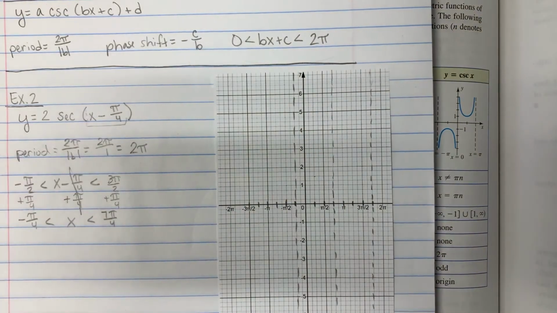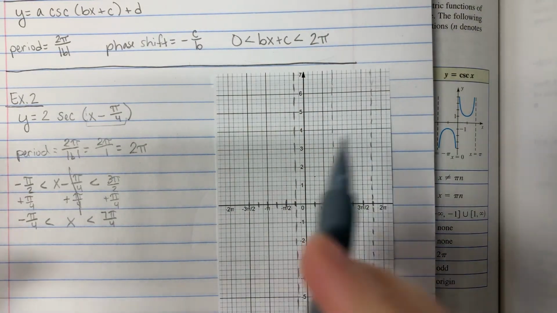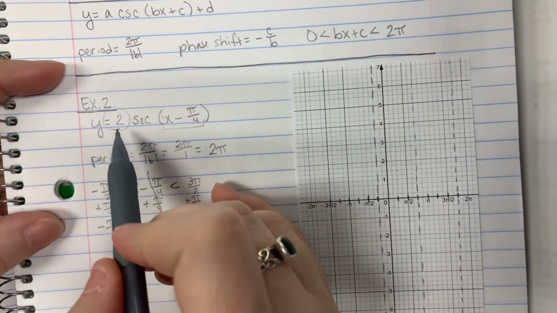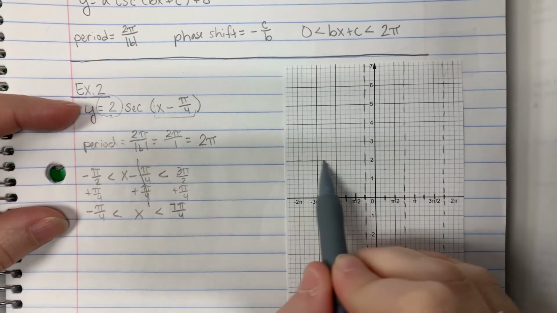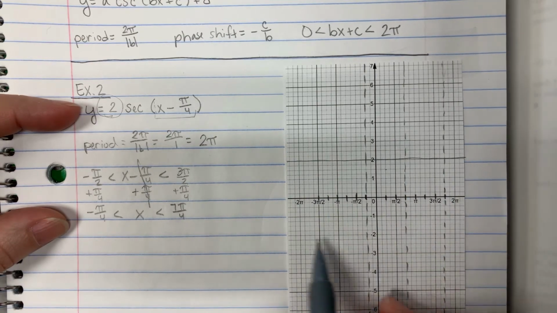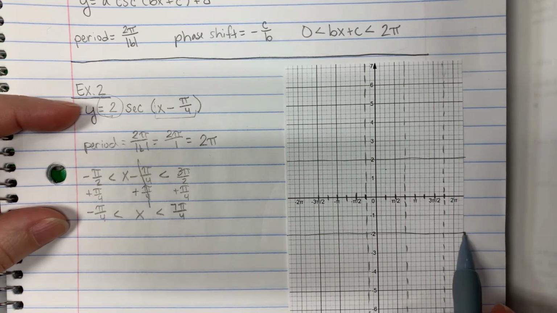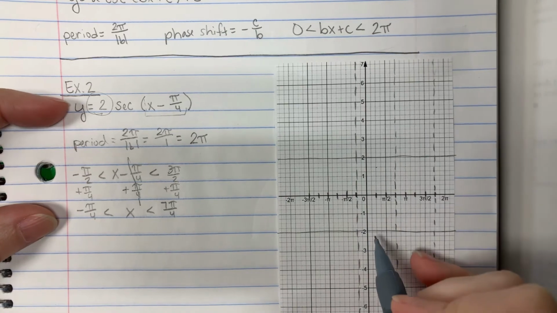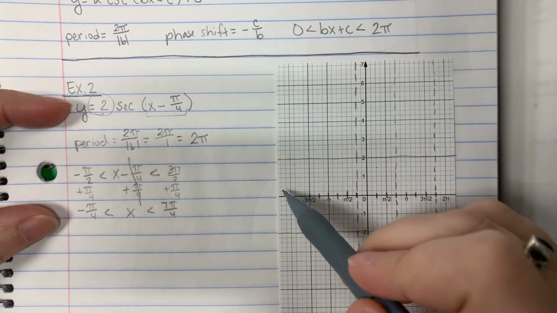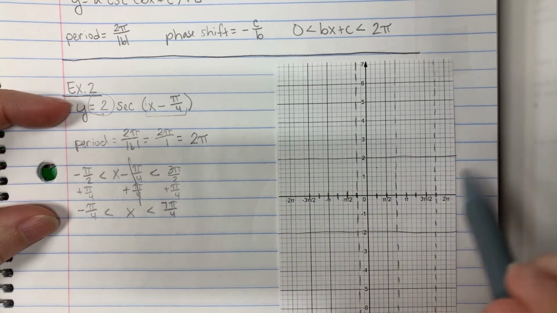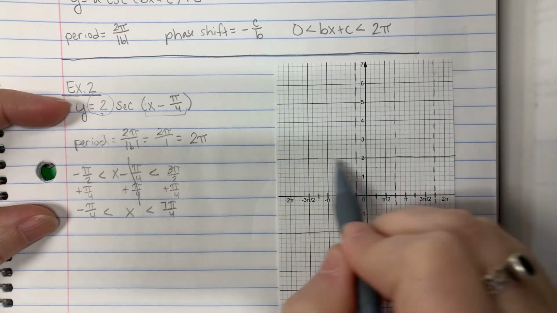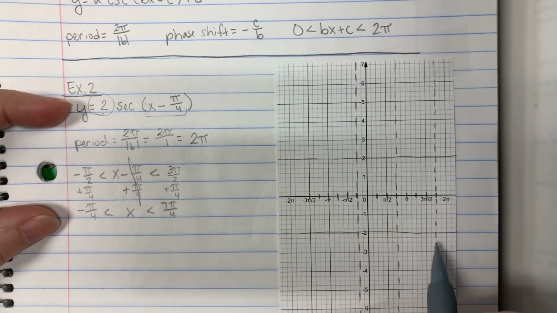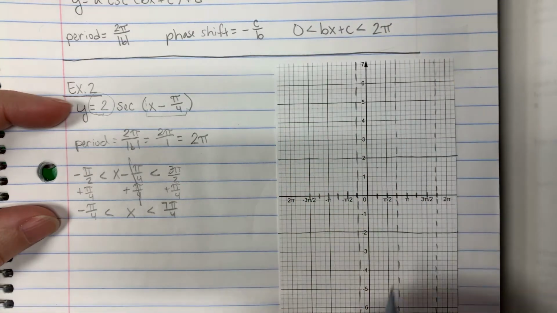Okay, so then I'm going to draw in my parabolas. Remember, A is 2 in this case. So if A is 2, here's my 2, and here's my negative 2. Typically then my cosine wave would be going through this middle section. So my parabolas are going to touch these 2's, but they're going to go upward and downward.